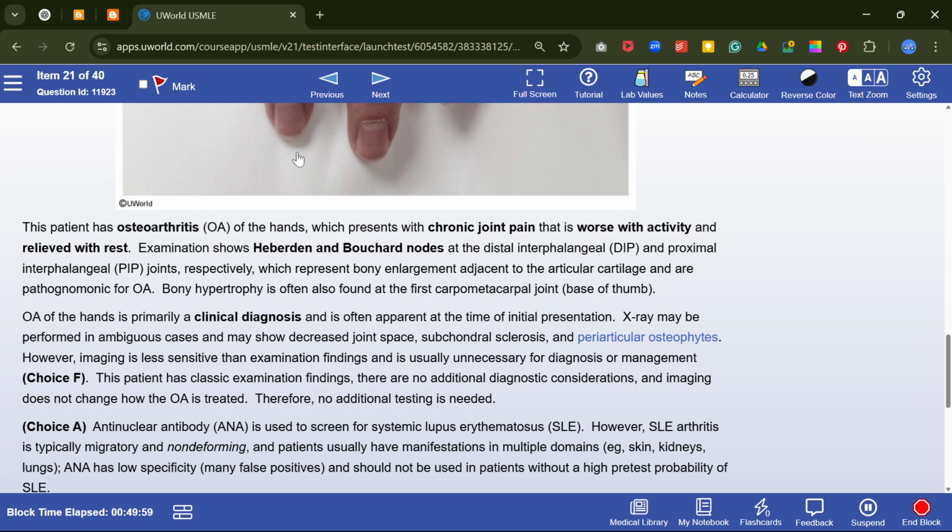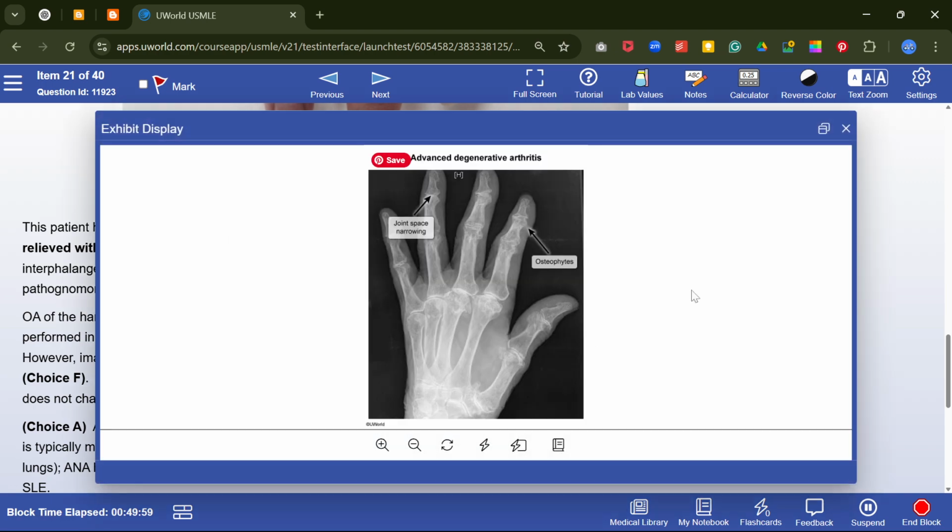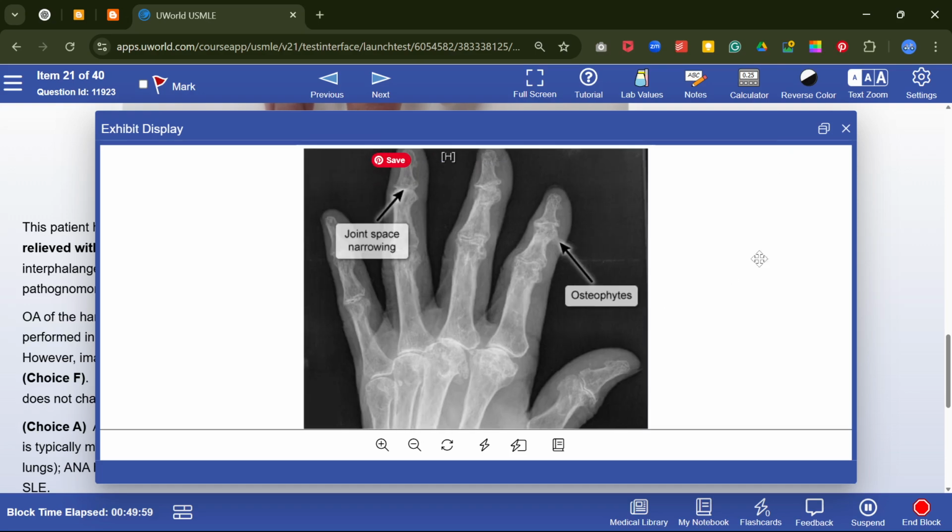OA of the hands is primarily a clinical diagnosis and is often apparent at the time of initial presentation. X-ray may be performed in ambiguous cases and may show decreased joint space, subchondral sclerosis, periarticular osteophytes.